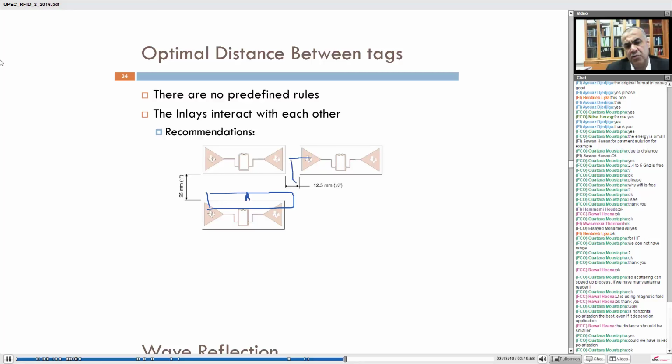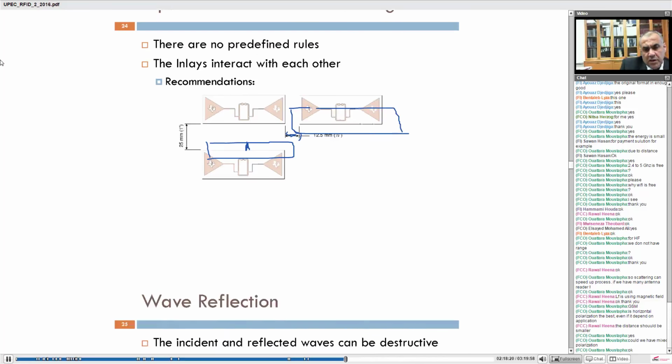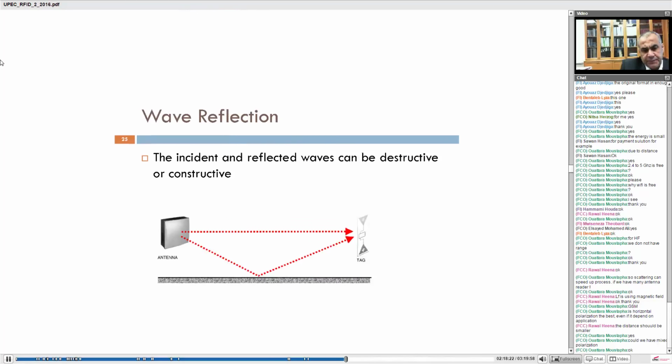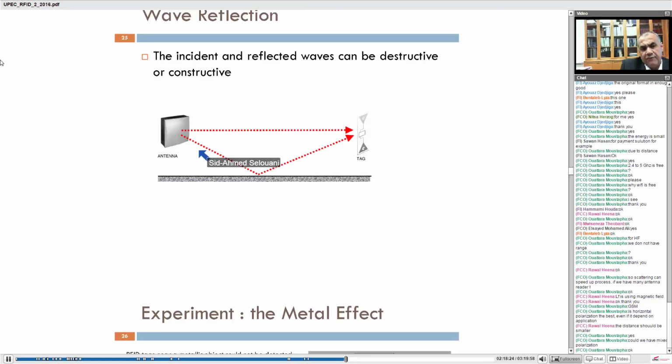In this position the minimum is 12, and in this position the minimum is 25 millimeters. If you have this here, it's not good, because you will have interferences. If you have this closer, it's not good, because you do not respect the condition to have this distance. Okay.